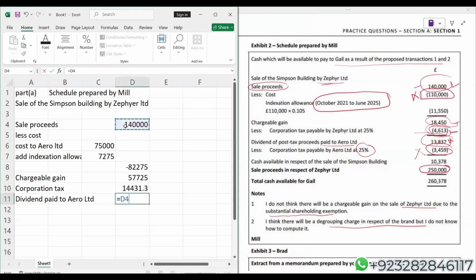Sale proceeds minus the corporation tax. Now we are selling, sale proceeds of Zephyr Limited.